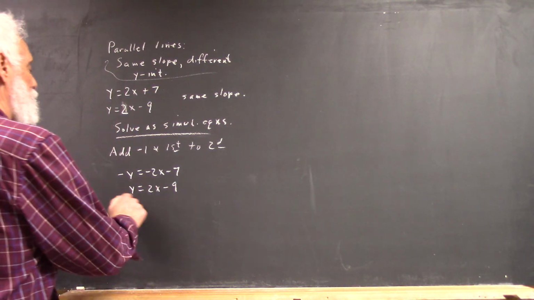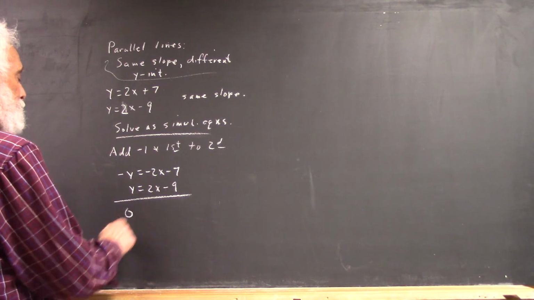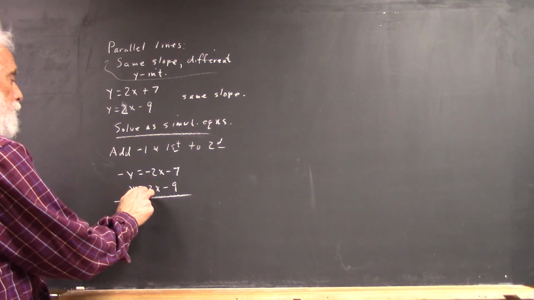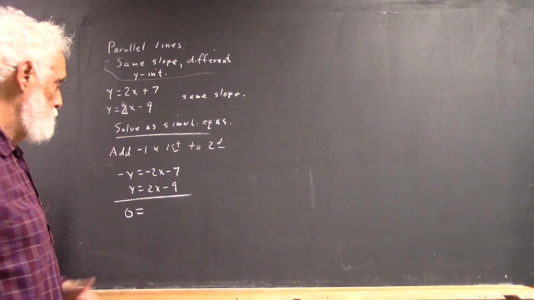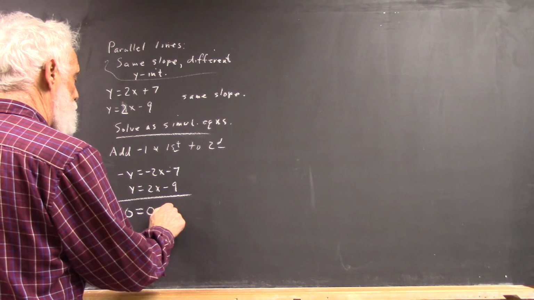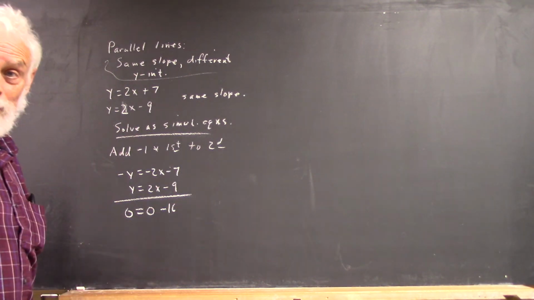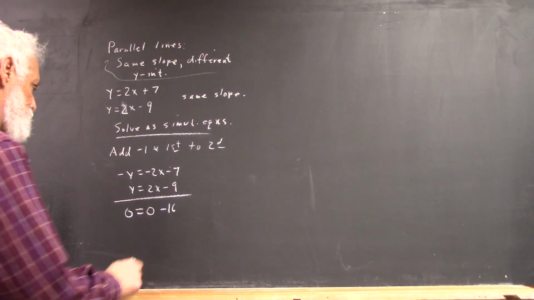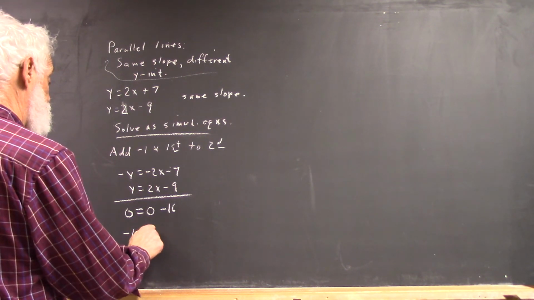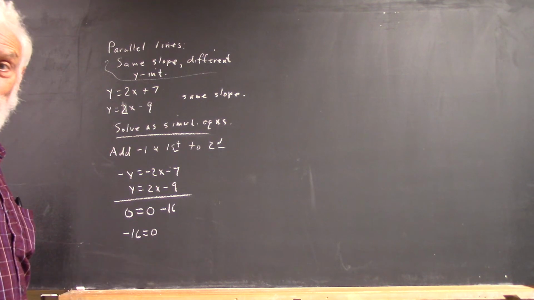So when I add these, I get 0 here, right? Now, what do I get for my x's? Well, -2x added to 2x is 0. And then what I get here, I get -16, right? Which is just saying that -16 is equal to 0, right?